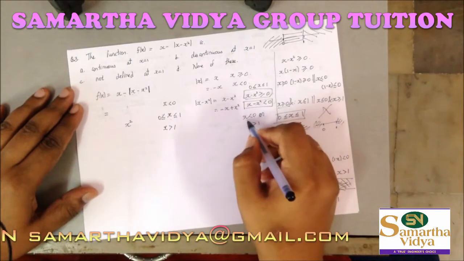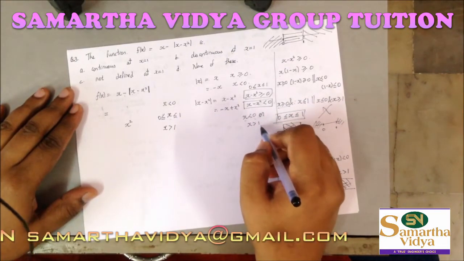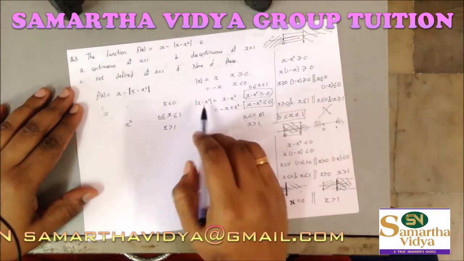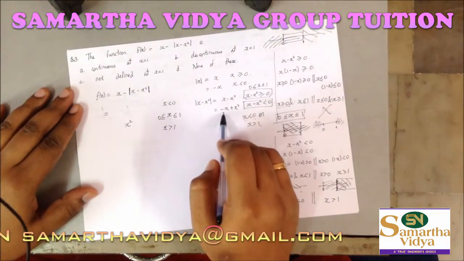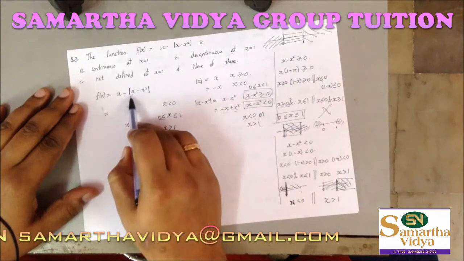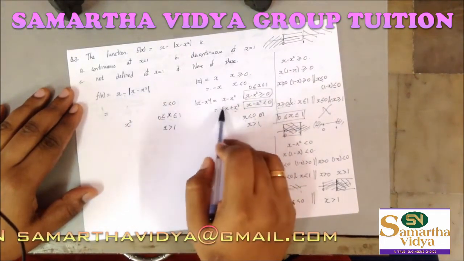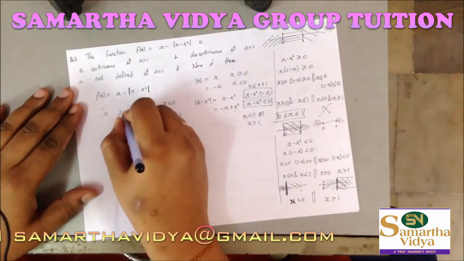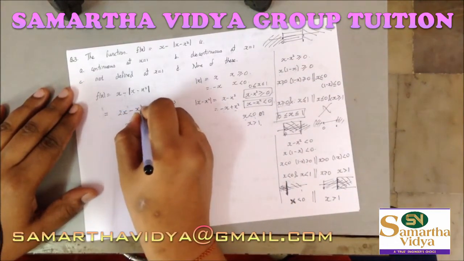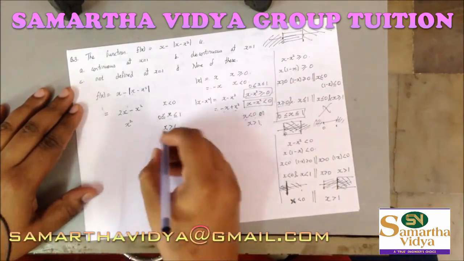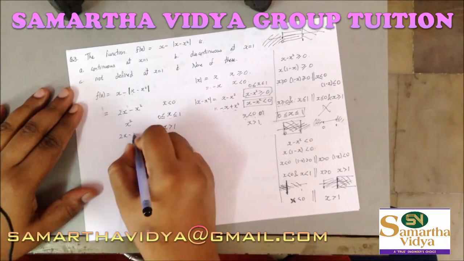Now when we go for x less than 0 or x greater than 1, we have the mod of x minus x square as minus x plus x square. So basically instead of this we'll substitute this part. If I substitute that, I will be getting this as 2x minus x square.